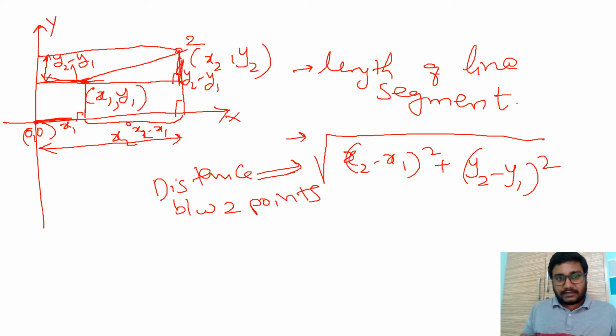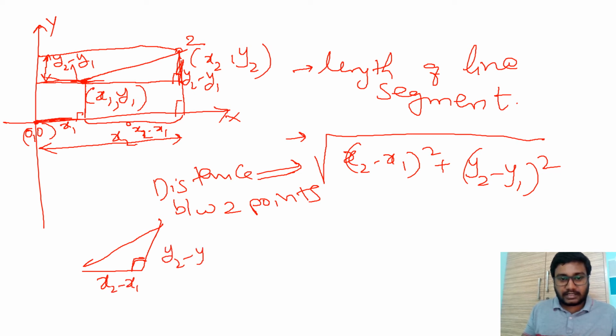Now if you isolate this triangle and look at its sides, since it is perpendicular, it is 90 degrees. This length is x2 minus x1, this one is y2 minus y1, and this is the distance between those 2 points 1 and 2.